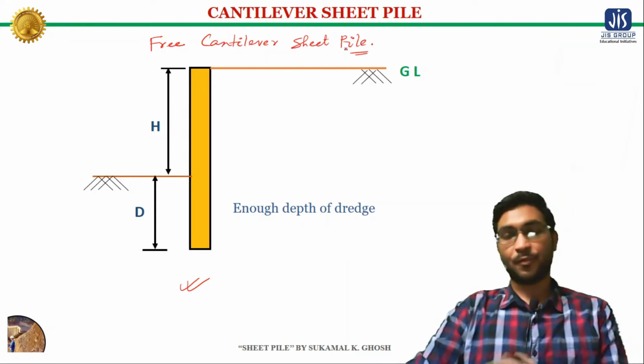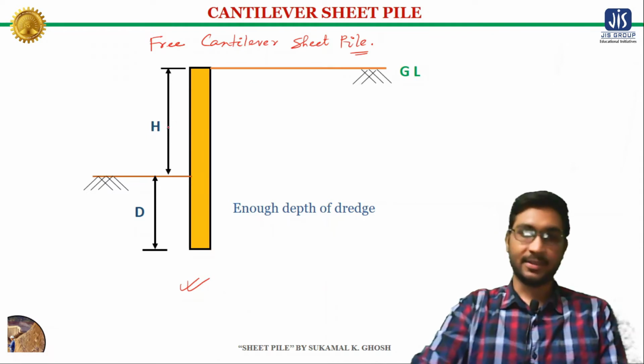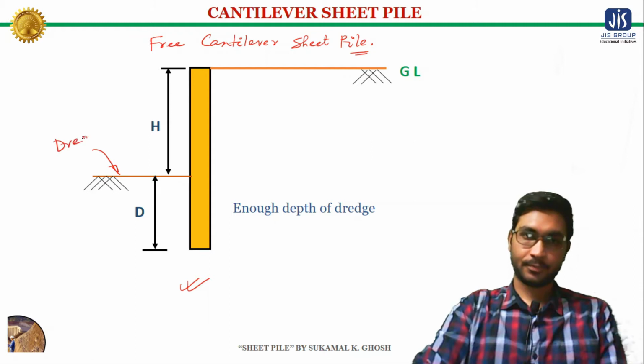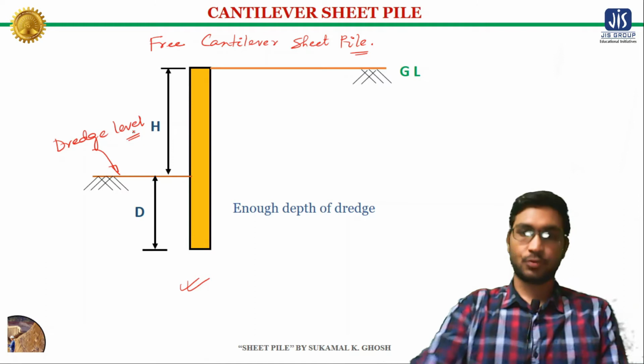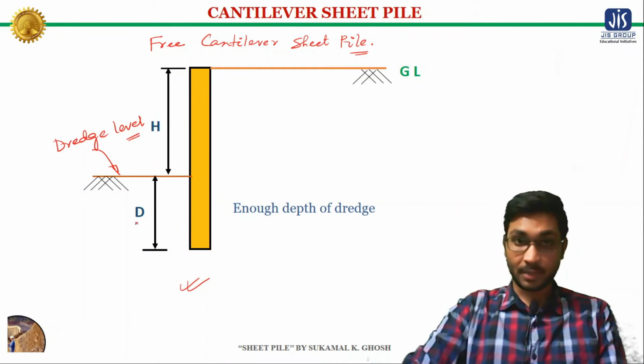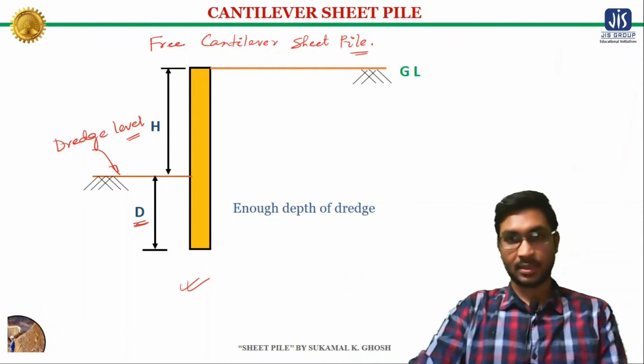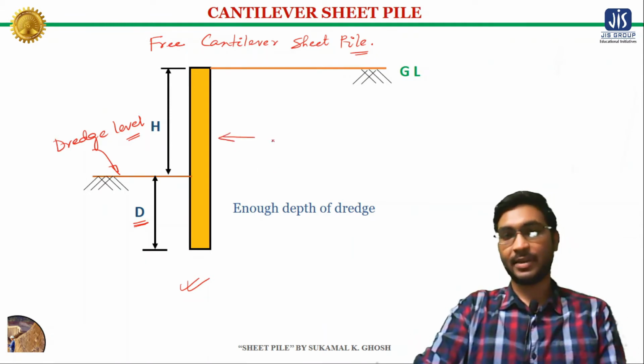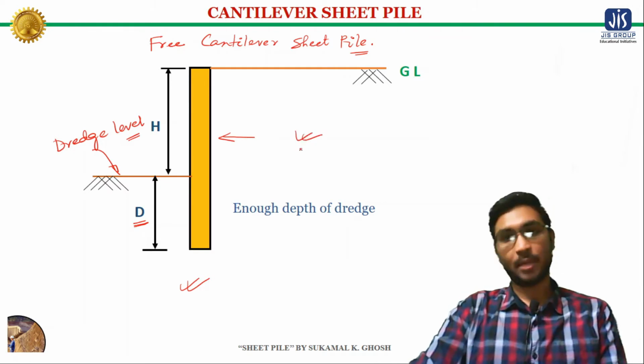When we provide a sufficient amount of depth below the dredge level, see, we have discussed that this is the dredge level, right? So when we provide a sufficient amount of D below the dredge level, the sheet pile will not rotate due to the lateral pressure provided by this backfill soil mass.